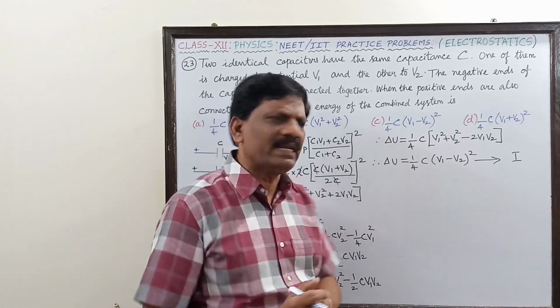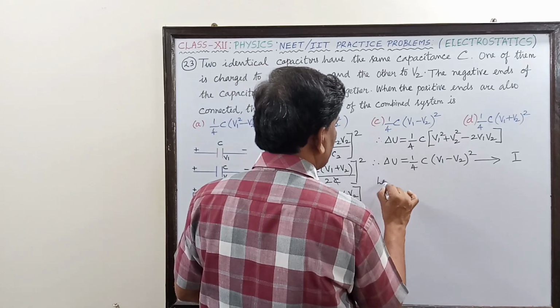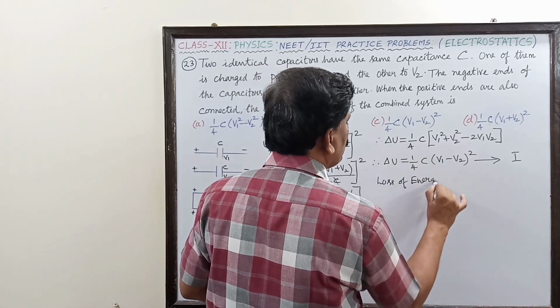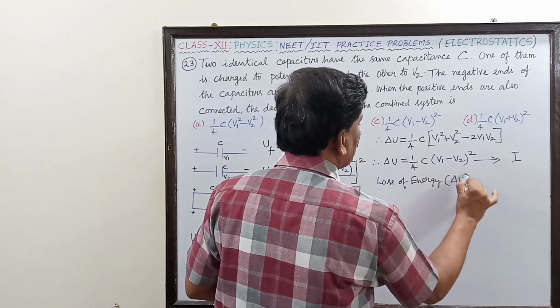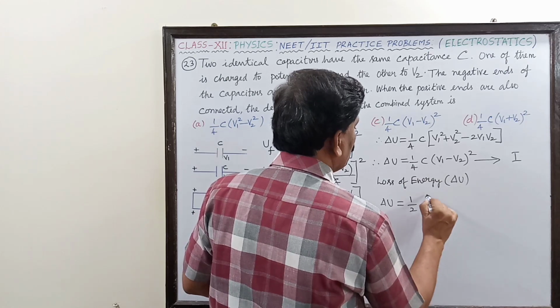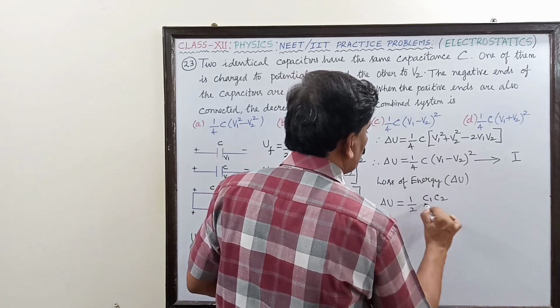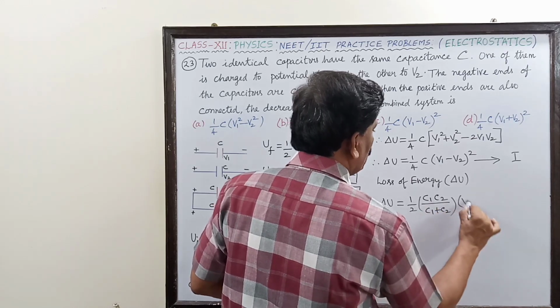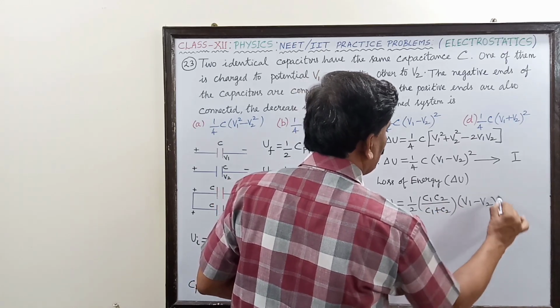Method 2, directly loss of energy. Directly loss of energy can be found by another method, that is given by half into C1 C2 divided by C1 plus C2 into V1 minus V2 the whole square.